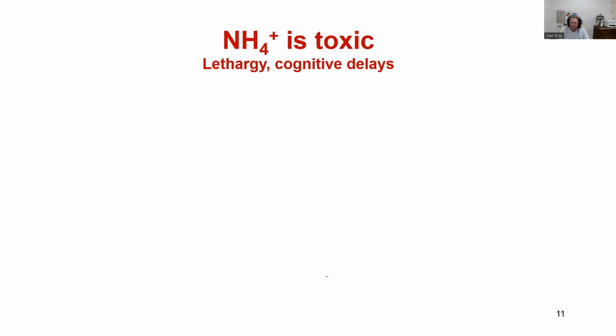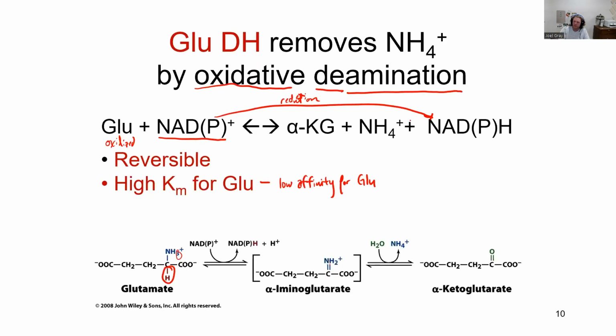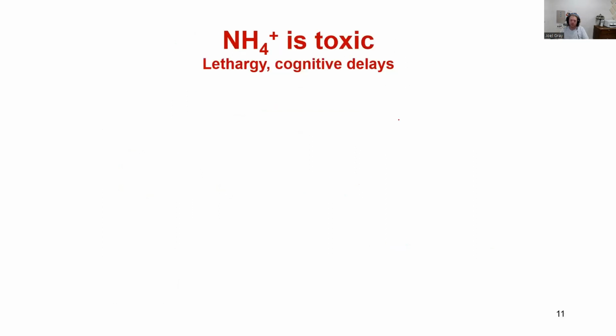Now, ammonium, don't get it mixed up. This is the most important part of all of this reaction. That NH4 plus that we've generated through the oxidative deamination of glutamate is toxic. On a simplistic level, it can make you tired.